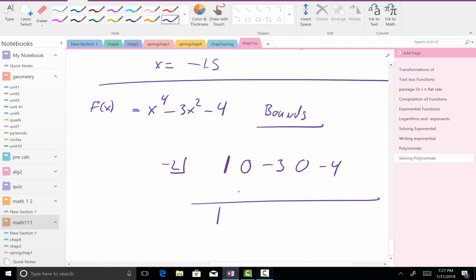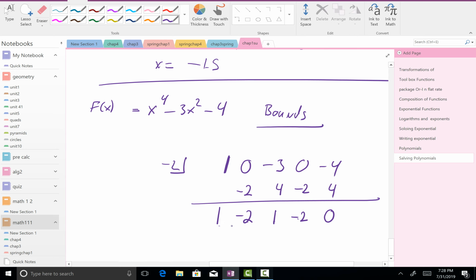So let's look at this: 1, negative 2, negative 2, 4, and 0, which is what we would expect, right? So it says if the process alternates in sign, positive, negative, negative, positive, positive, negative, 0, then it is a lower bound. If it contains numbers that are all positive or 0, then it is an upper bound.